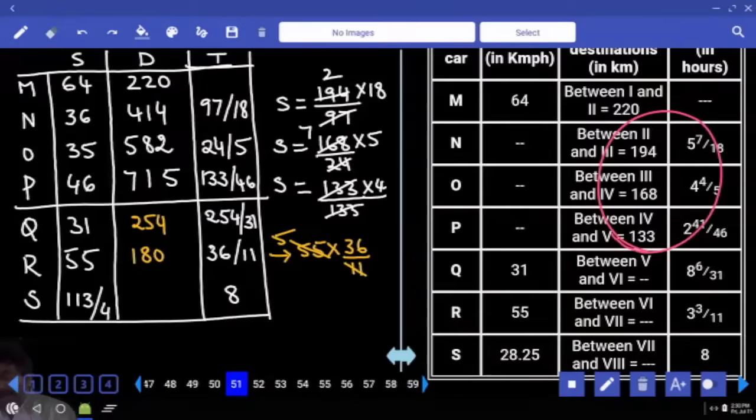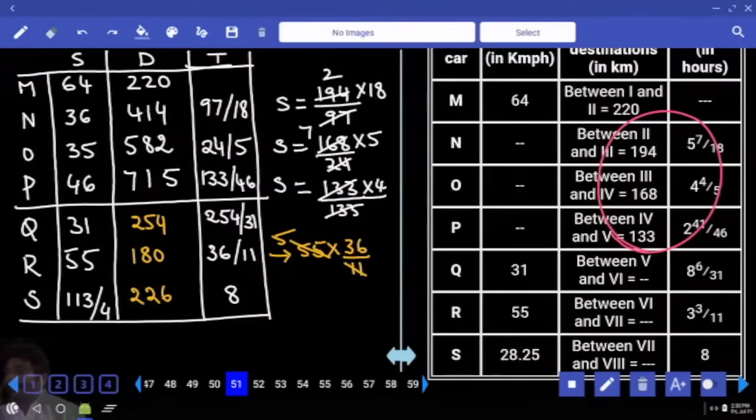Yellow color values are individual distances. White color values till P, they are all cumulative. Just remember. Now, 113 by 4 into 8, 4, 2 times, 113 into 2, 226.